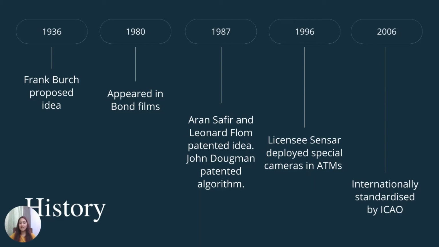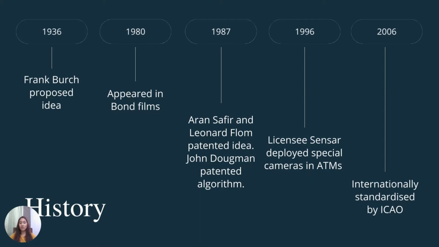In 1987, Aran Safir and Leonard Flom patented the idea and asked John Daugman to create an actual algorithm for that. John Daugman created this algorithm and patented that in the same year. The algorithm which Daugman developed is the basis for all current iris recognition systems.